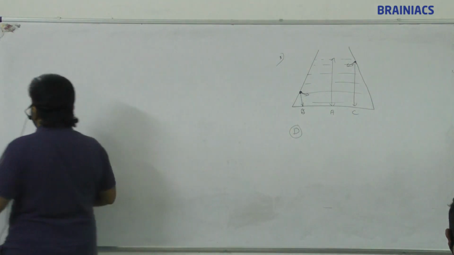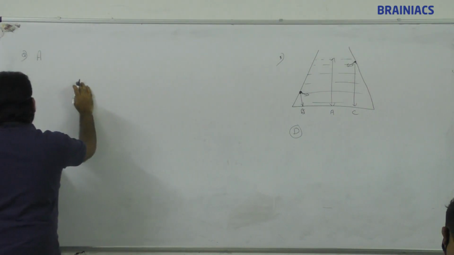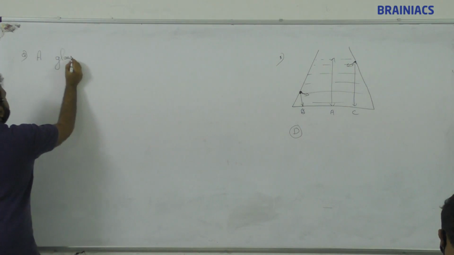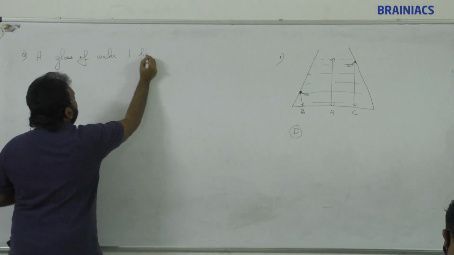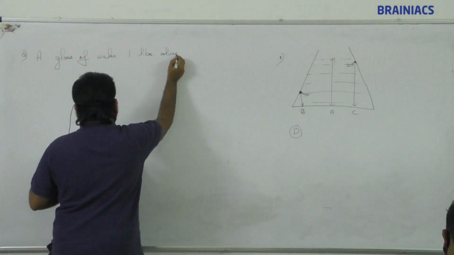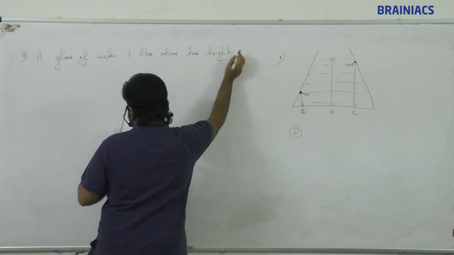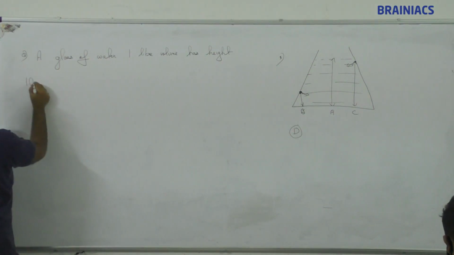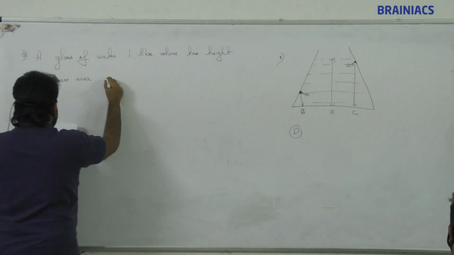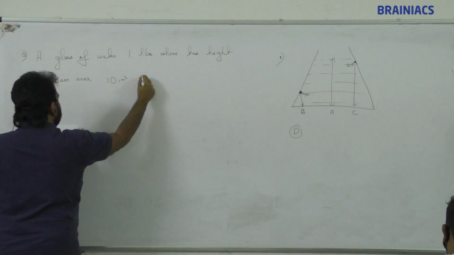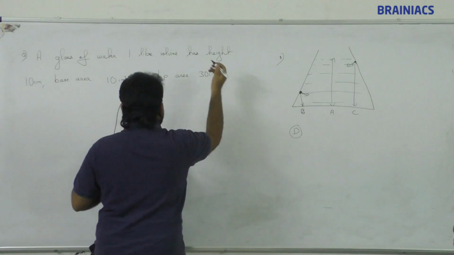Another question. Okay, a glass of water, 1 liter volume, base area 10 centimeter square and top area 30 centimeter square.